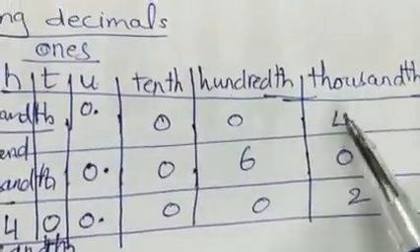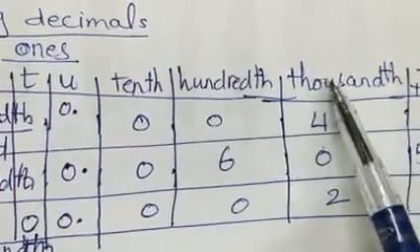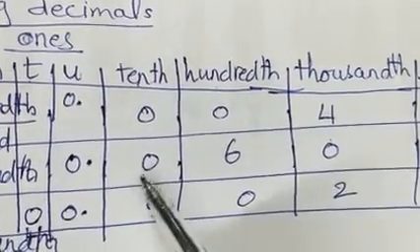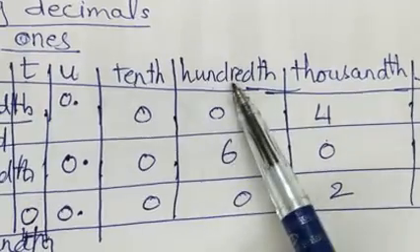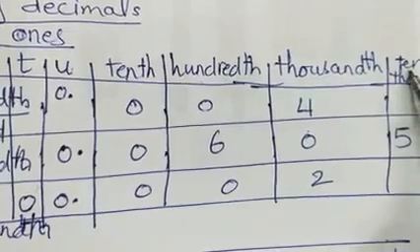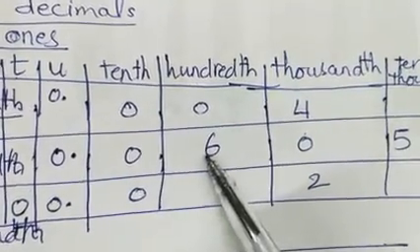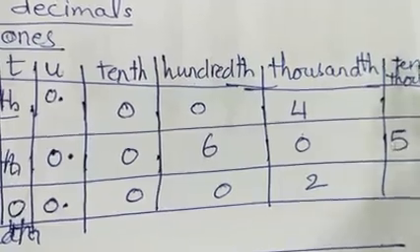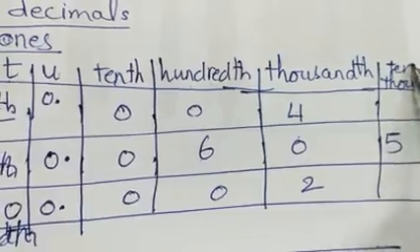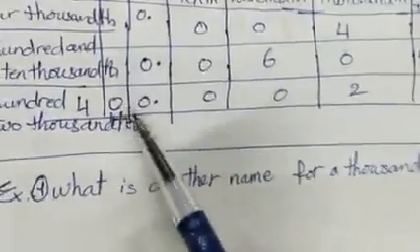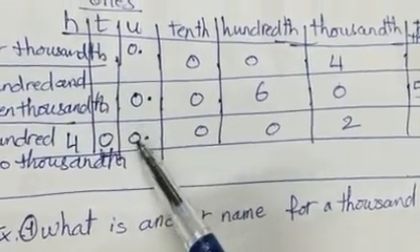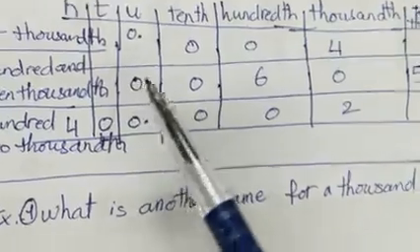Now, if I have the 4 in the thousandth place, I will read it as 4 thousandths. In the other number, I have the 6 in the hundredth place and 5 in the 10,000th place, so I will read it as 605 10,000ths. In this one I have 4 in the hundred place, 0 tens, 0 units, so it will be 400 as a whole number.